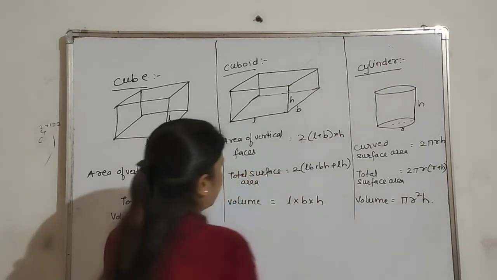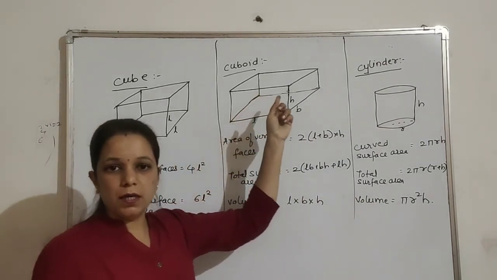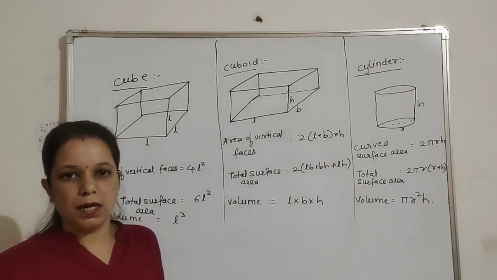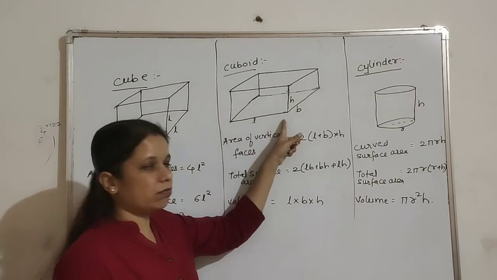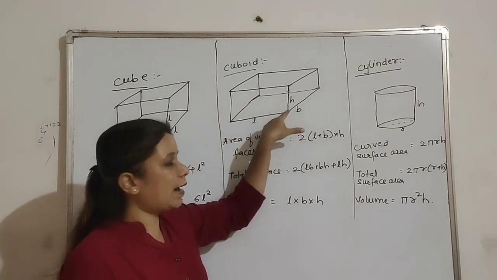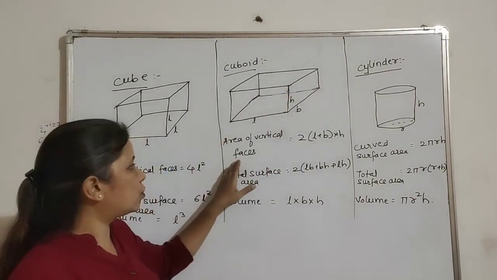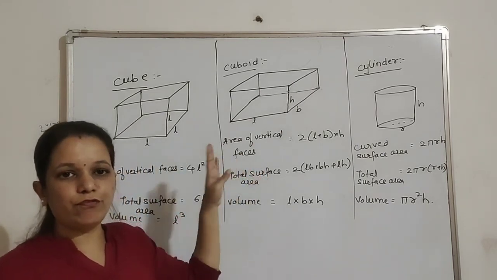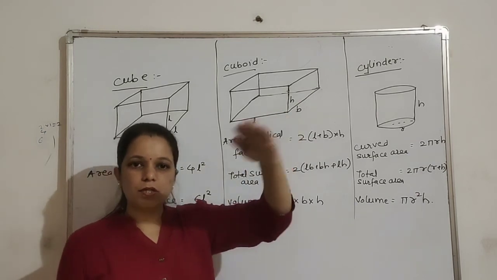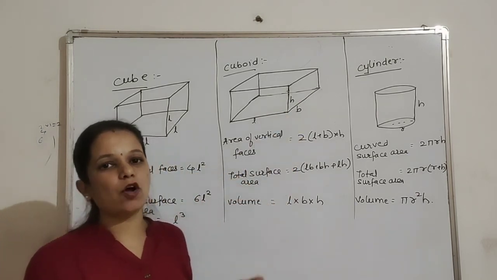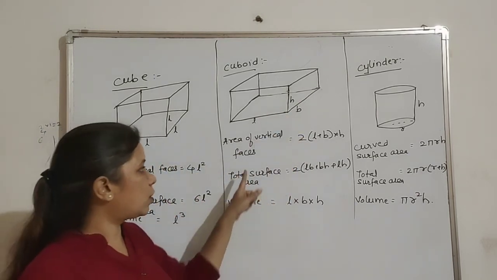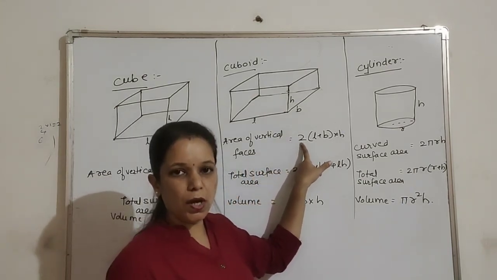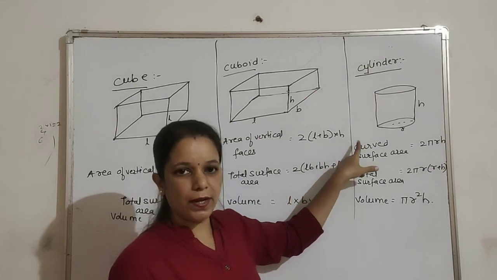Now the second figure, cuboid, it resembles any rectangular shape box, 3 dimensions, length, breadth and height. Okay, so area of vertical faces, again for cuboid also we have only 4 vertical faces. The top and the bottom are horizontal faces. So area of vertical faces is given by the formula 2(l plus b) into h.